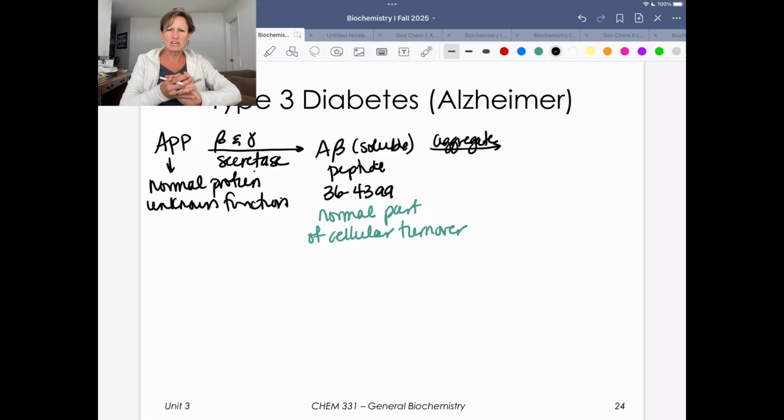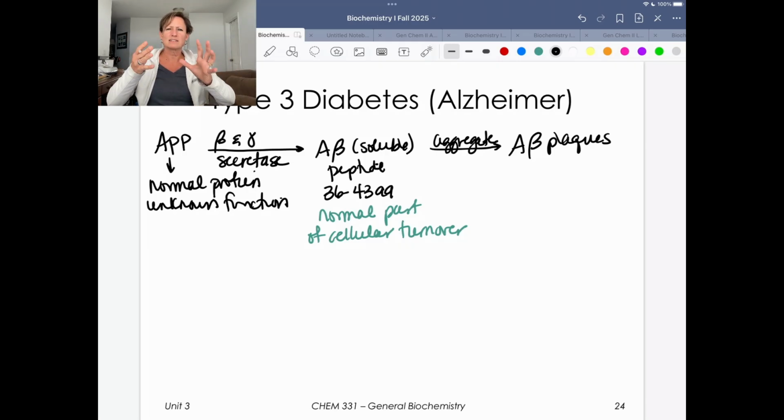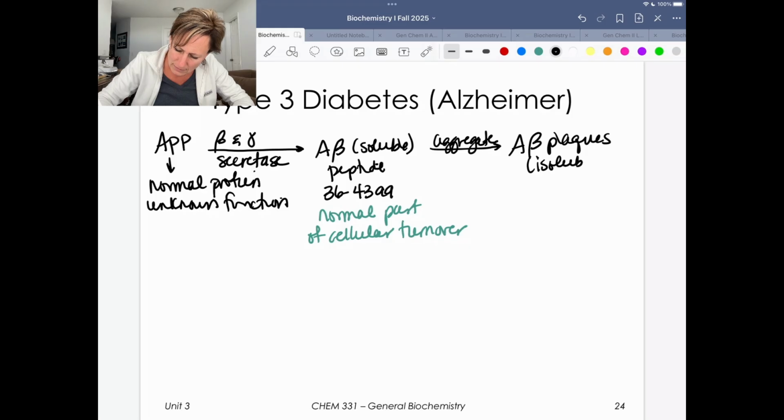You become lower in energy, and sometimes you can become so low in energy that it's hard to get out. So what you can have now is you have these A beta plaques. You have a whole bunch of these soluble peptides that start aggregating together, and they form these insoluble plaques. And again, the purpose of these plaques is to shut off brain function.